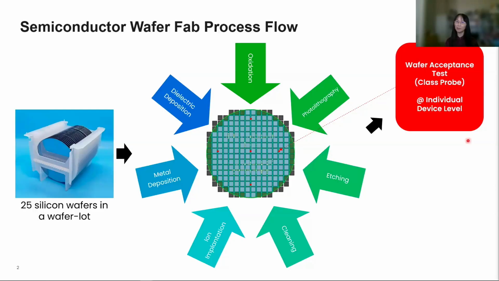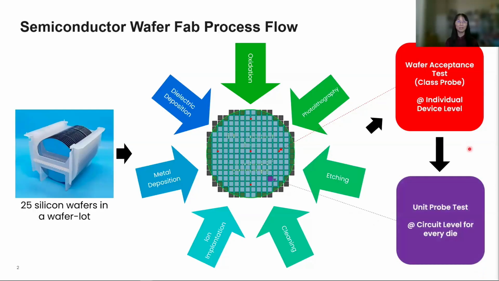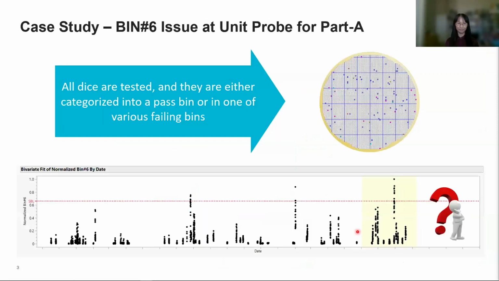If the wafers are healthy, they are sent on, in this case to the OSAT, where they will receive the unit probe test. At this time, the test is performed on each of the individual dies. So the entire integrated circuitry will be tested. All dies are tested, and they are either categorized into a passing bin, or into one of the various failure bins.